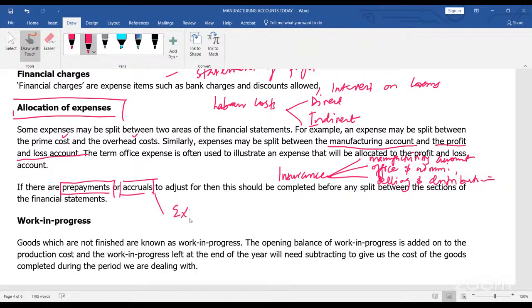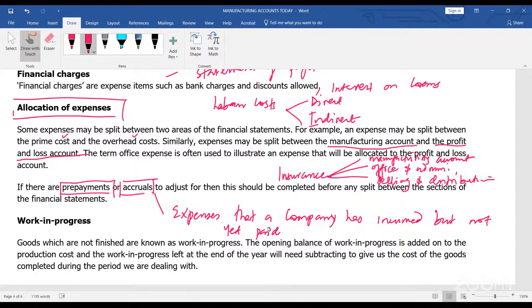Accruals are expenses that a company has incurred but not yet paid. Those are accrued expenses.